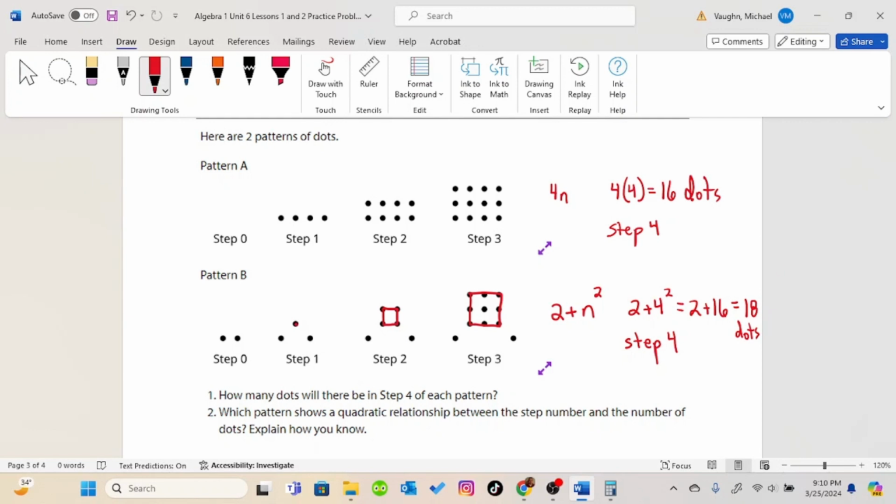Number 2. Which pattern shows a quadratic relationship between the step number and the number of dots?